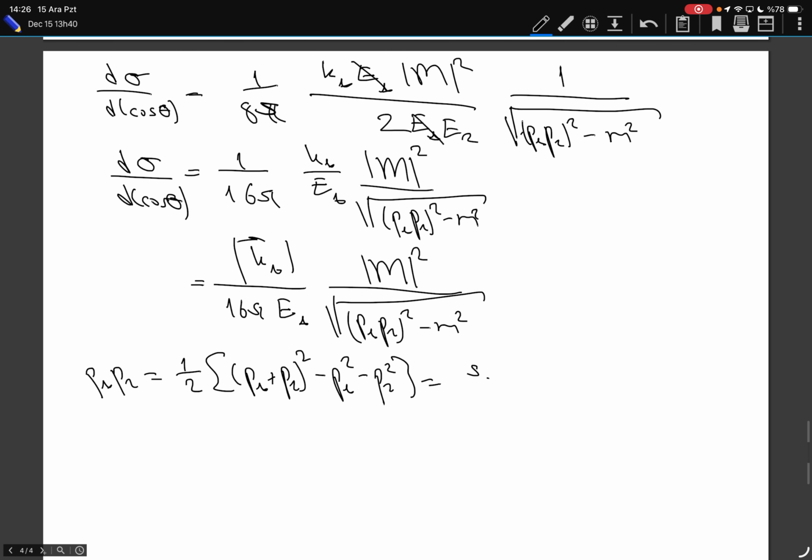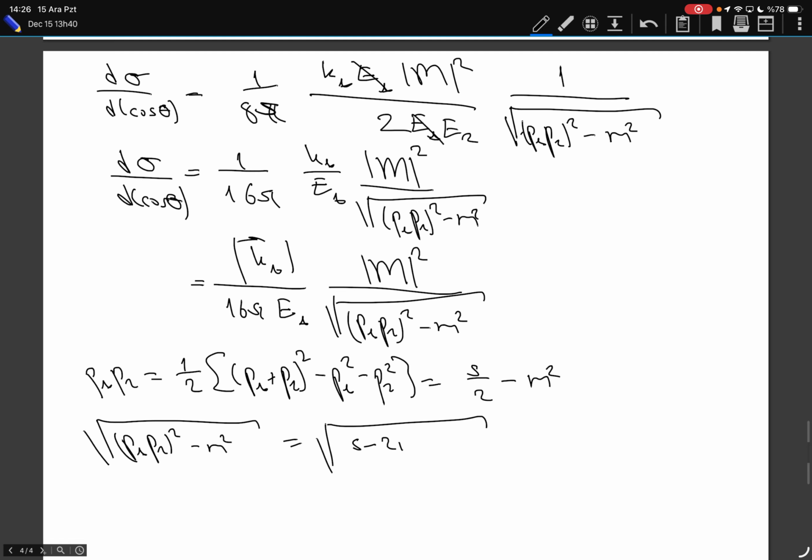So this is s/2 − m². So the square root of (P1·P2)² − m⁴ is actually the square root of (s − 2m²)² − 4m⁴, times 1 over 2.